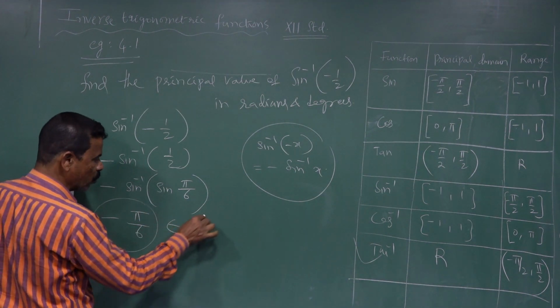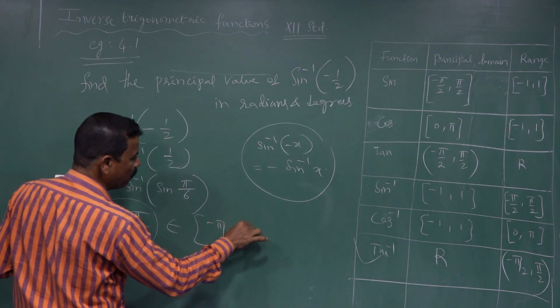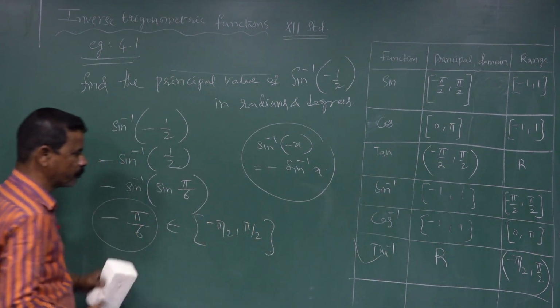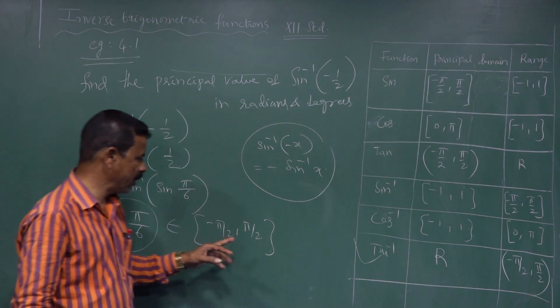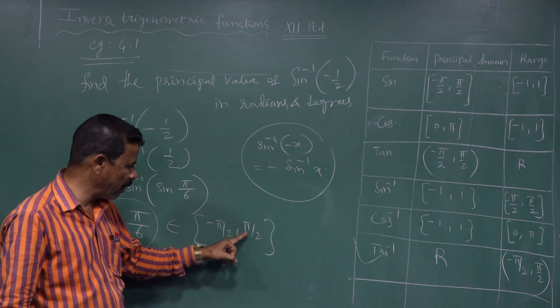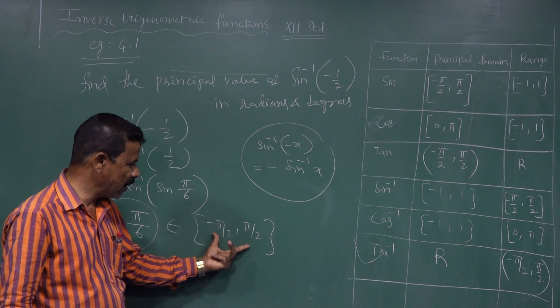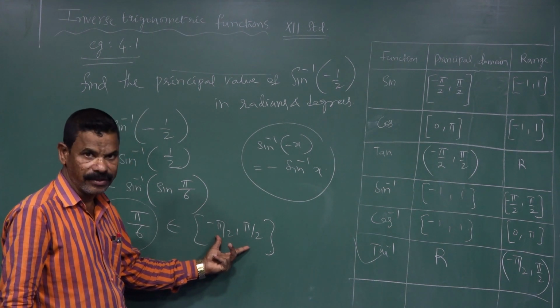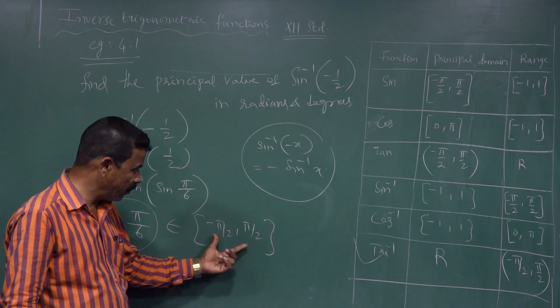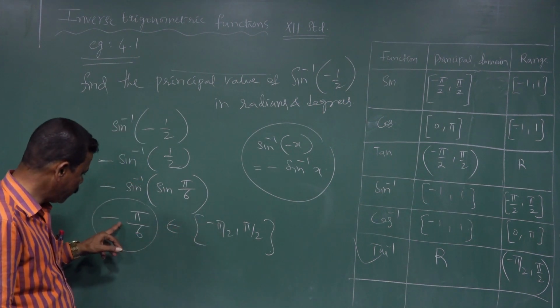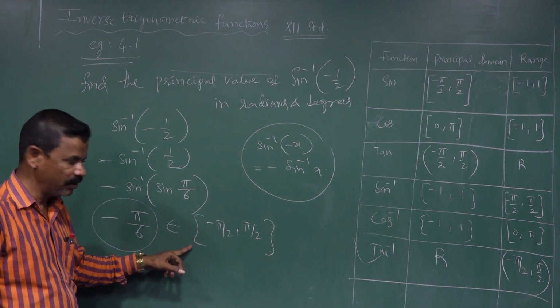How? It belongs to minus 90 to plus 90. The main important thing is minus 90 to plus 90; this is the principal range. So in this range, is minus π by 6 there or not?